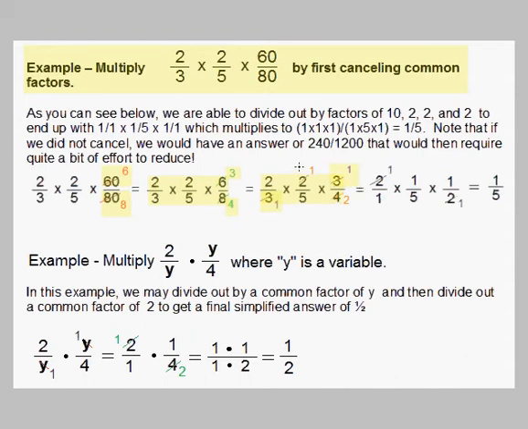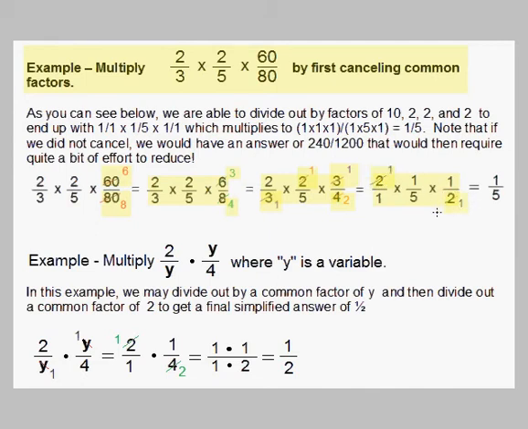Also, 4 and 2 both share a common factor of 2. 2 goes into 2 once, and 2 goes into 4 twice. Now what we're left with is 2 over 1 times 1 over 5 times 1 over 2, and we still can cancel out a factor of 2 out of the numerator 2 here and the denominator 2 there.